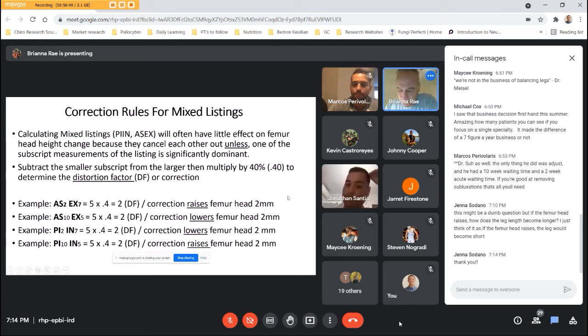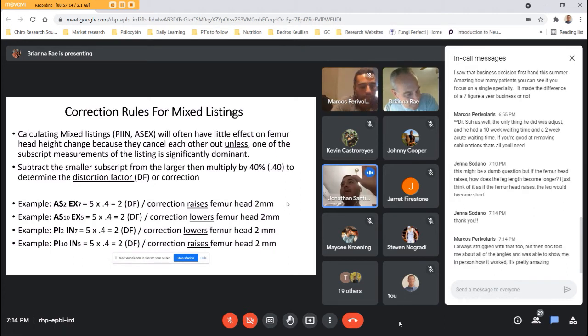Okay. I have a question, Dr. Meisel. Hello. Go ahead. I know that we don't focus or look for leg length, but let's say the leg length of patient X is even, but the pelvis is misaligned. And when we correct it, now the patient has a leg discrepancy.